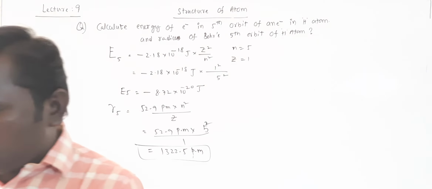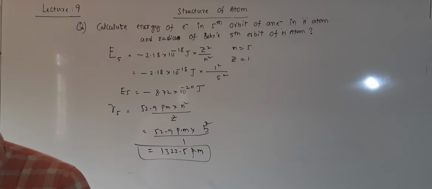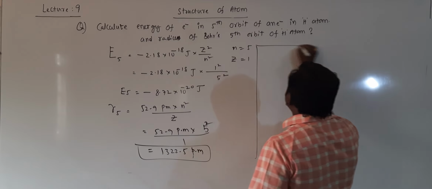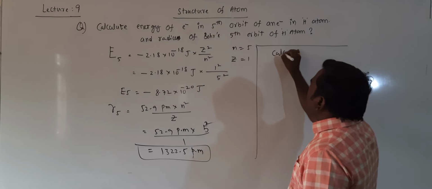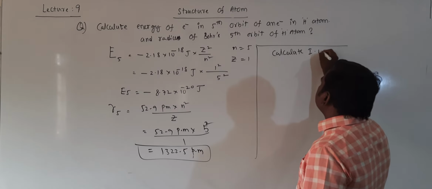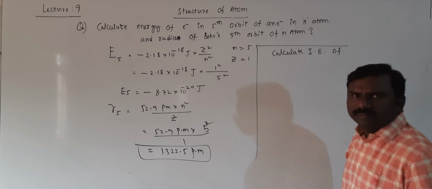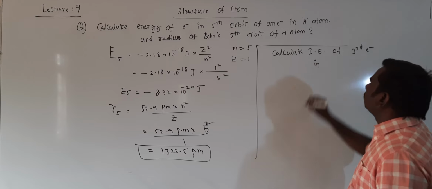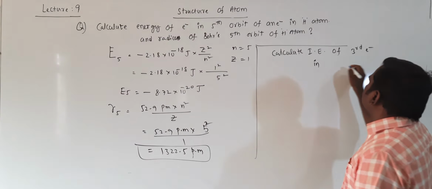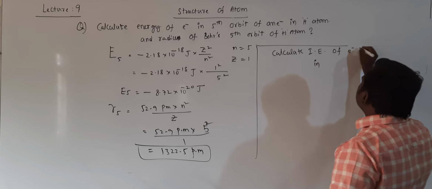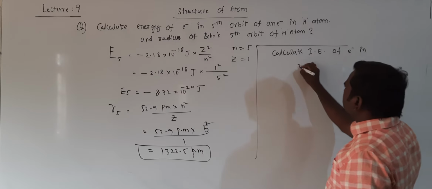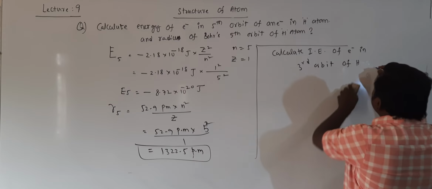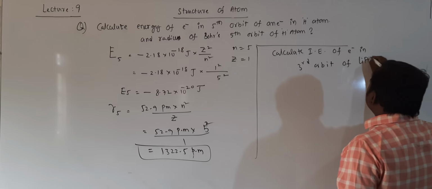These are the possible problems on energy. Next, calculate the ionization energy of the third electron in the hydrogen, or the electron in the third orbit of the lithium atom.